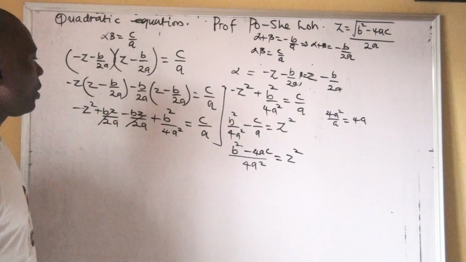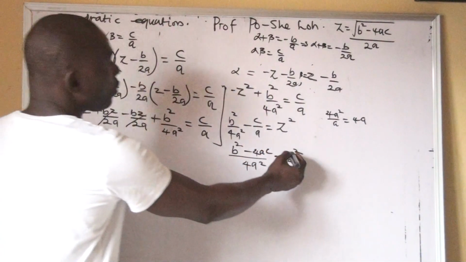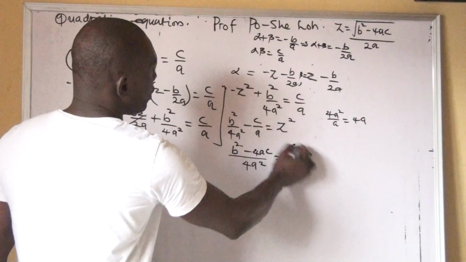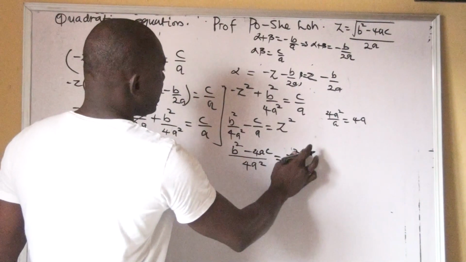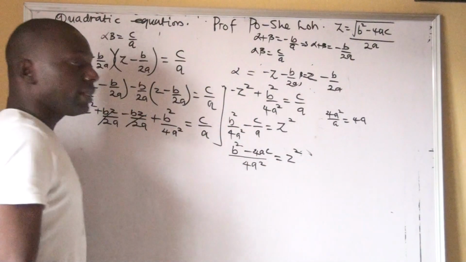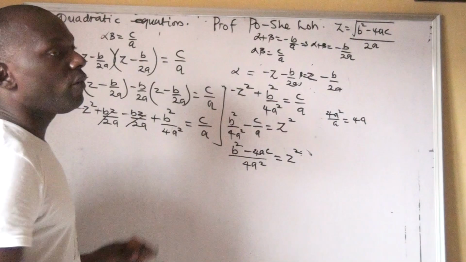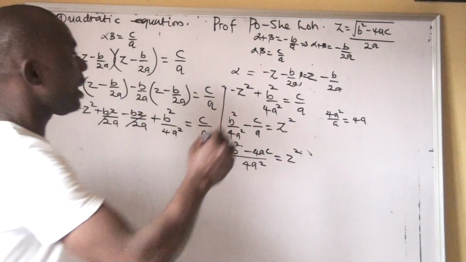Okay, right? The next step is for us to take the square root of both sides, because we want to get rid of the square on z. In this case, z is just a distance. It doesn't have to give us two values of plus or minus. It's a distance here from the graph.